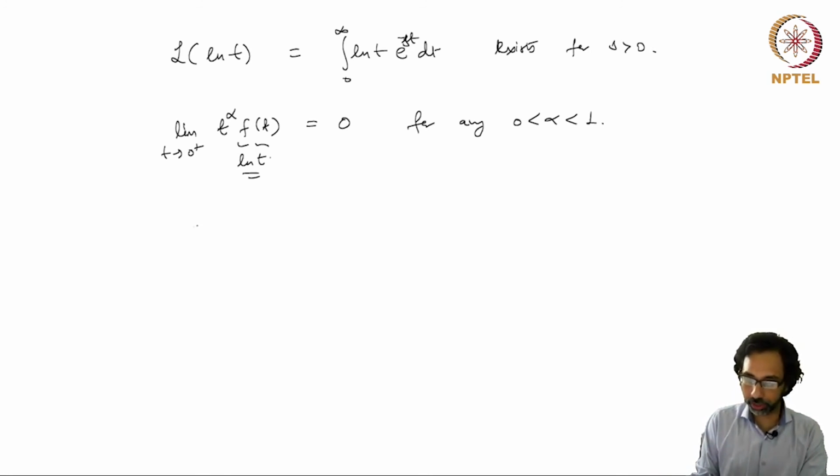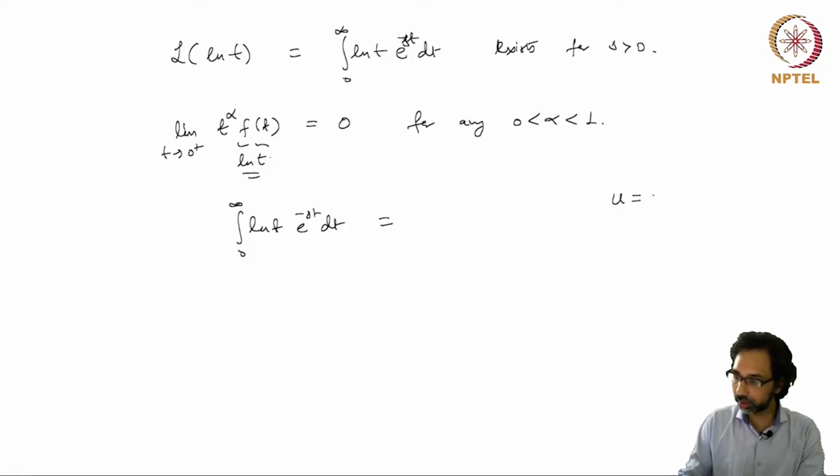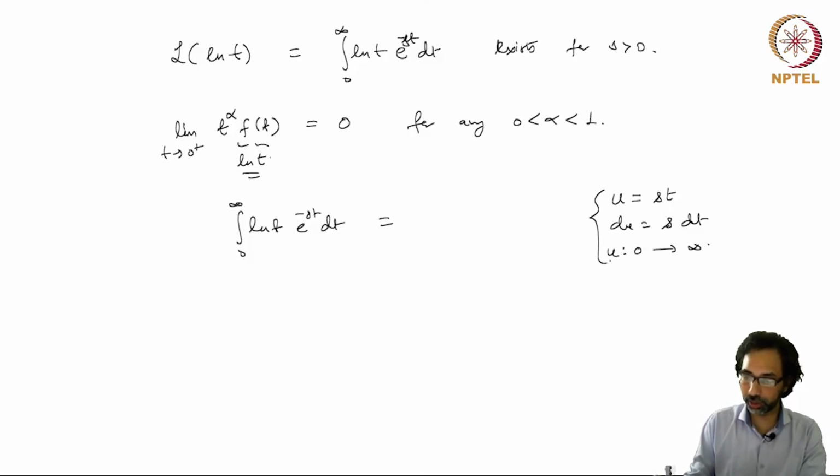Now to compute it, let's make a change of variables. I am making a change of variables u equal to st. So du is s dt, and since s is positive, u also goes from 0 to infinity.